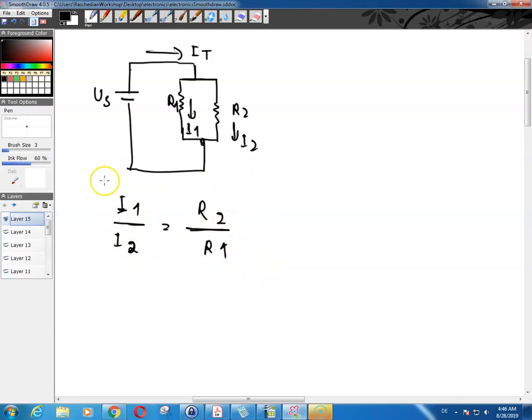Those four things you can calculate from this relationship. And also you know that I of t is equal to I1 plus I2. So that way you can calculate everything in these circuits. And we will of course do a couple of examples here.